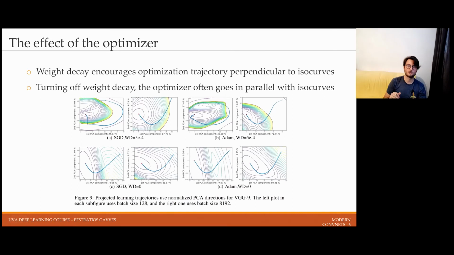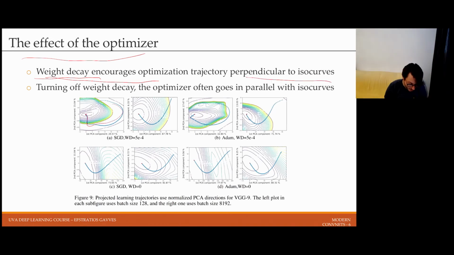Now we could also use the same visualization technique to show the effect of the optimizer, with of course certain things to keep in mind, which I'm not going to delve into right now. It's out of the context of today's lecture, but in any case, the conclusion we can obtain is that weight decay encourages optimization trajectories perpendicular to the isocurves.